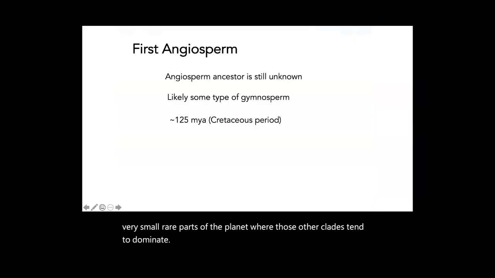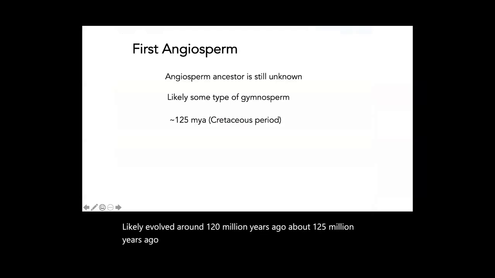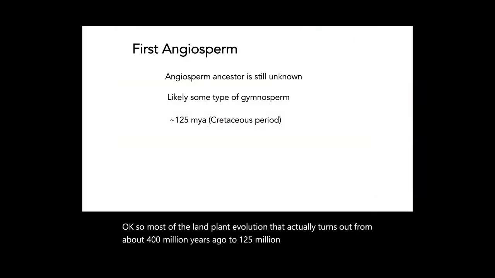All right, so the first angiosperm likely evolved around 120 million years ago, about 125 million years ago in the Cretaceous, okay? Relatively late. So most of land plant evolution, from about 400 million years ago to 125 million years ago, was dominated by bryophytes, pteridophytes, and gymnosperms.